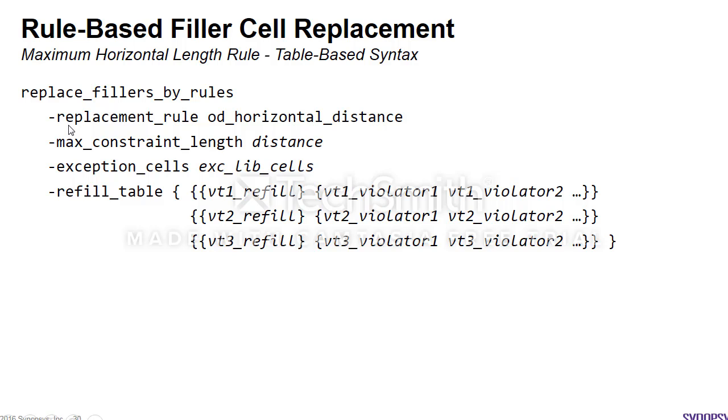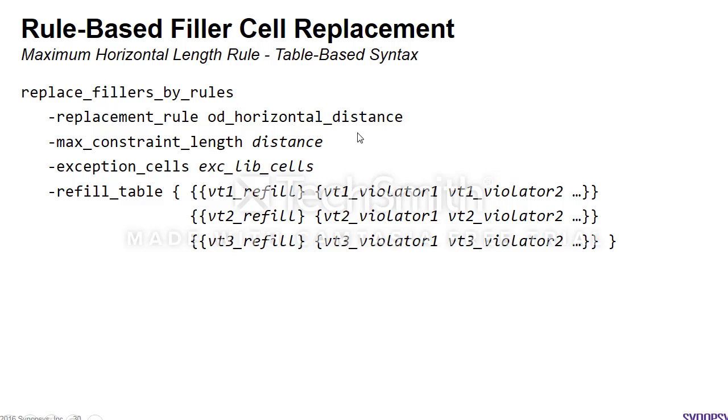The rule you specify is for all the horizontal distance, and you need to have a maximum constraint length for one distance, and you will have an exception cell.